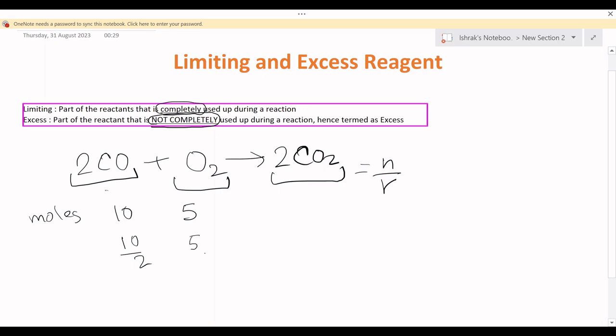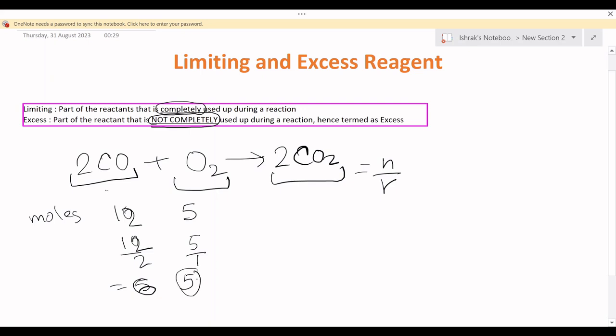So there's really no limiting reactant, which is not really realistic. Let's change this number to, say, 12. Now this becomes 6. Which one is my limiting reagent? That's pretty easy. It's this one, because it's the smaller number. Do we have it clear?